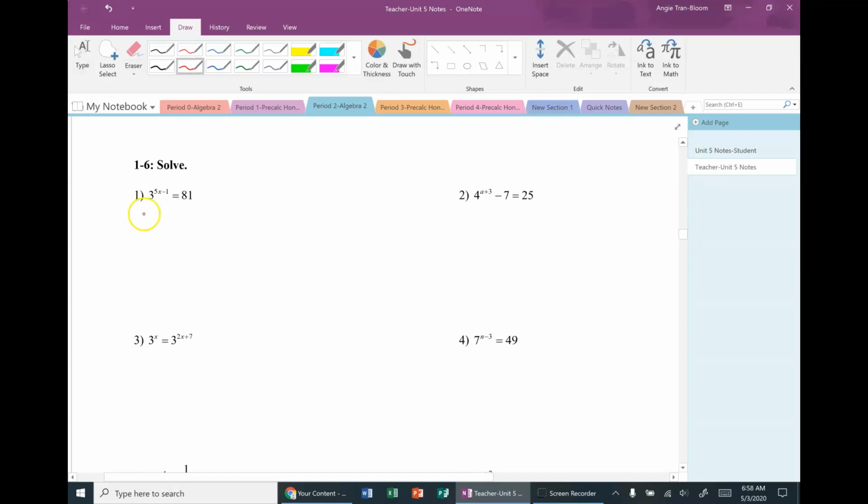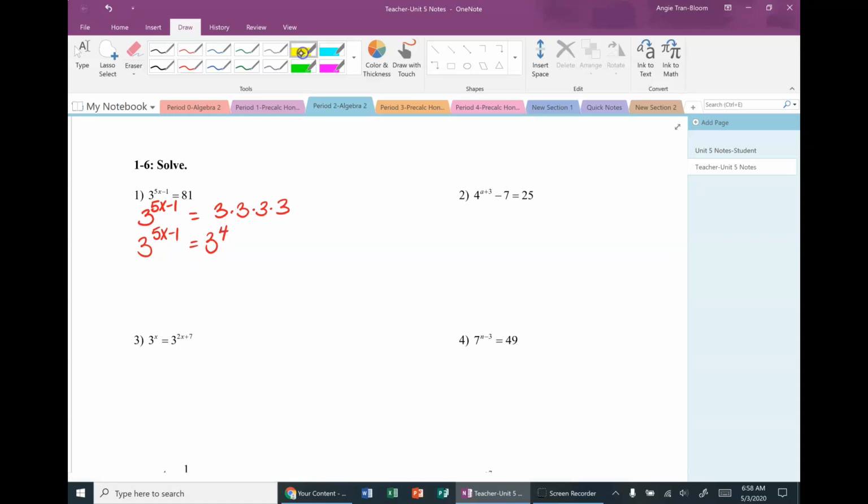Well, the prime number is already 3, so we can't really make that any smaller. But 81, I can make into base 3 because 81 is technically 3 times 3 times 3 times 3, 4 times. Anything multiplied 4 times, that's the same thing as saying 3 to the 4th power.